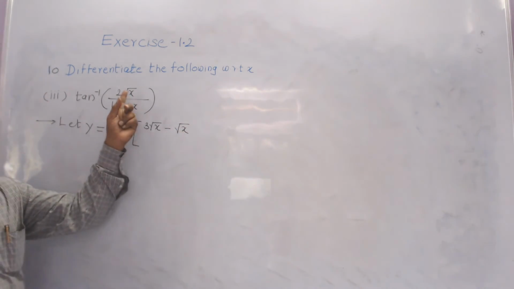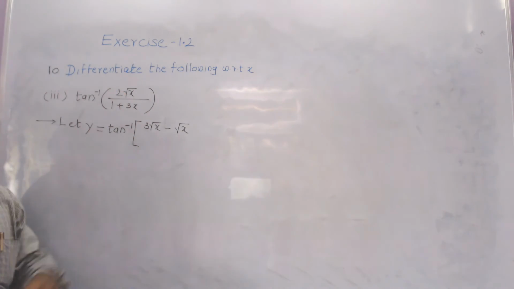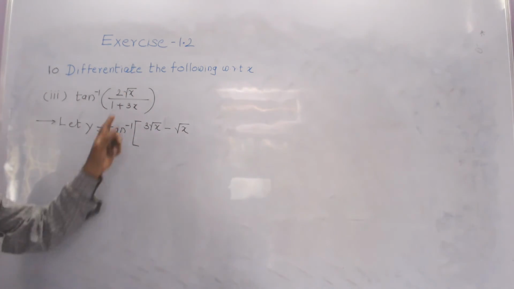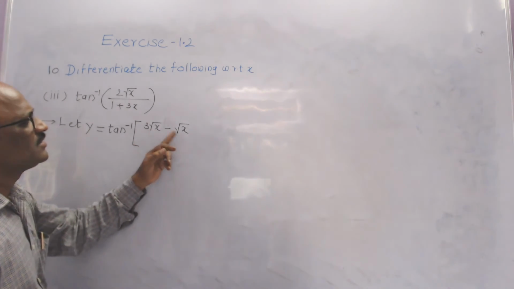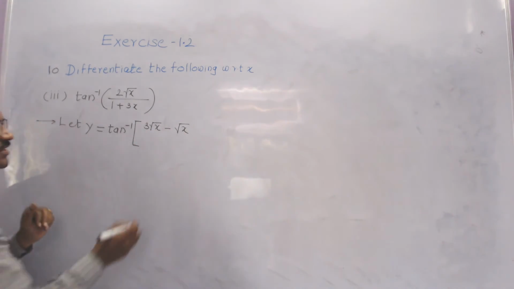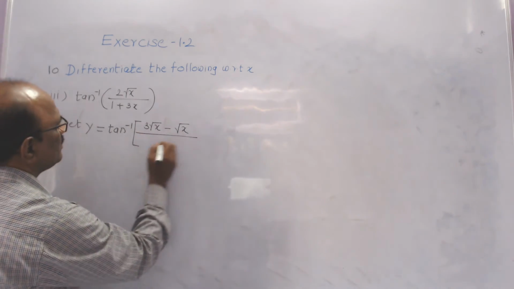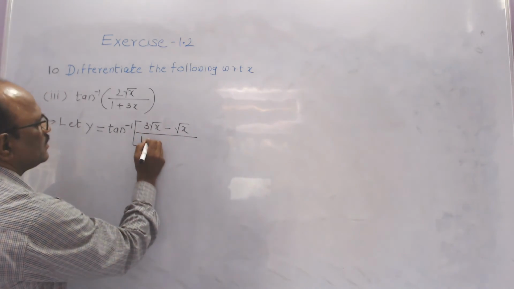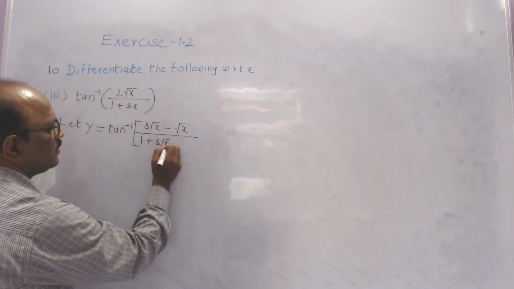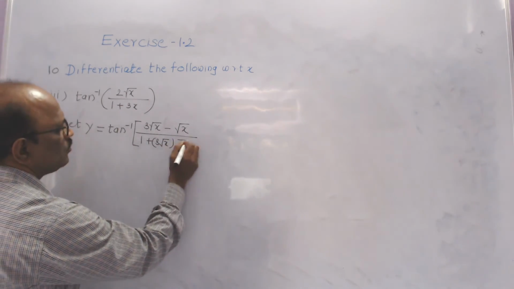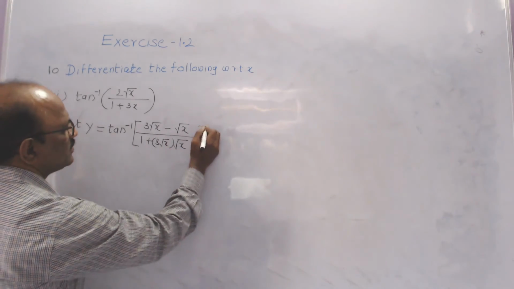What are the two numbers whose sum is 2 root x and the product is 3x? The numbers are 3 root x minus root x, then you will get 2 root x, and the product is 3x, that is 3 root x into root x.